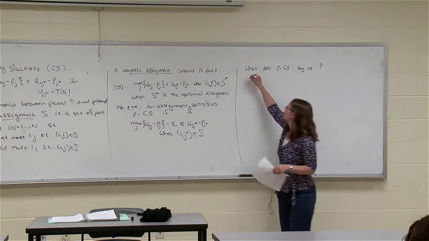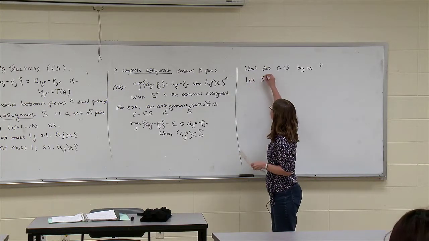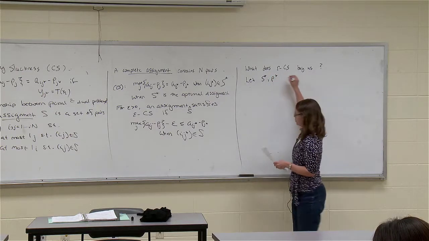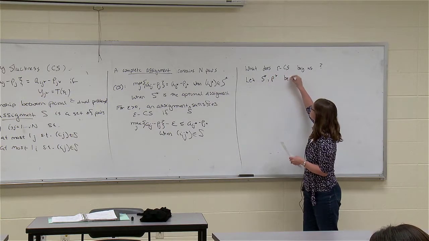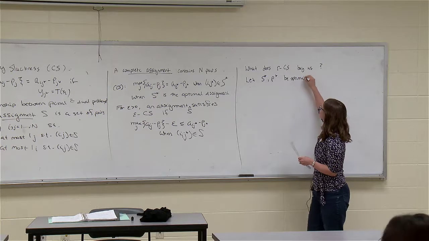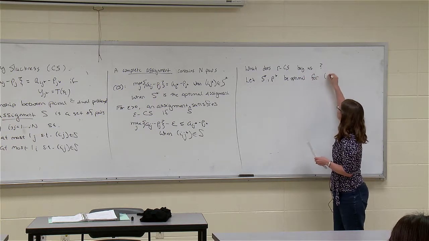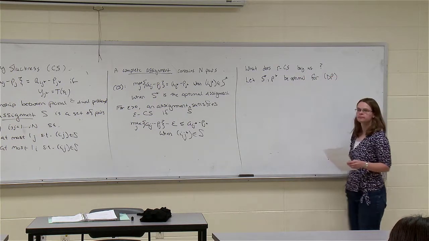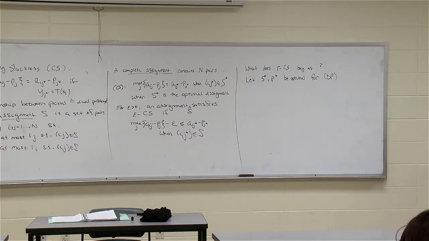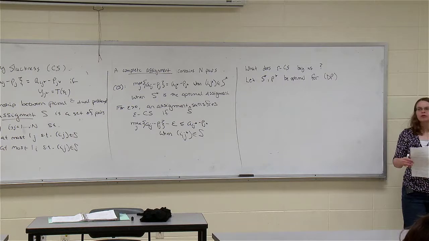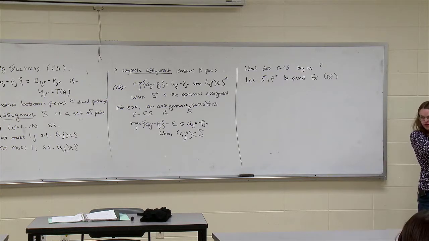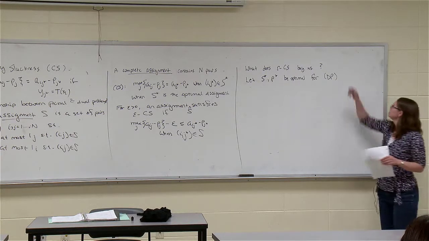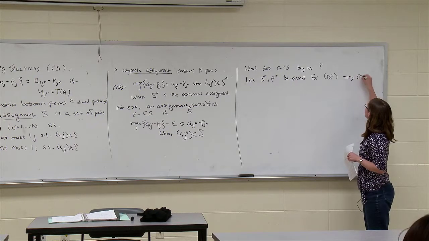So let's first think about the optimal ones. S* and p* are optimal for our dual problem. Optimality implies complementary slackness, right? Optimality implies we have this duality in our dual variables. So we certainly have complementary slackness here.